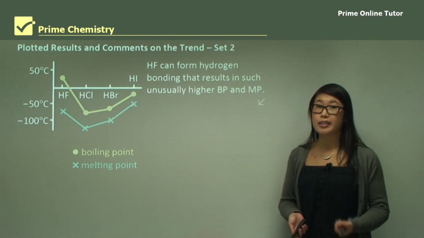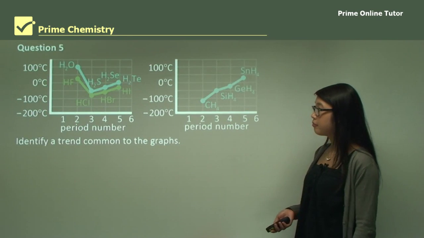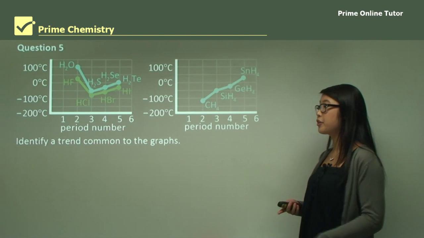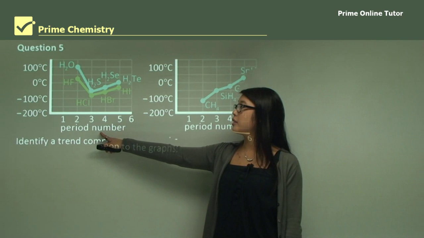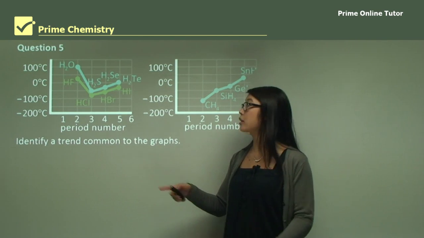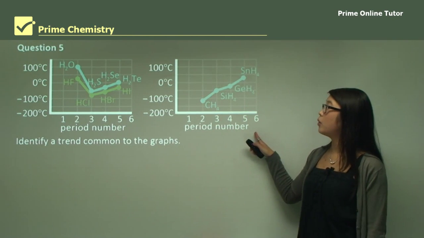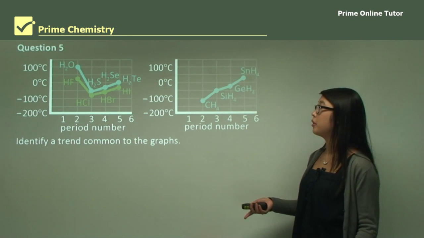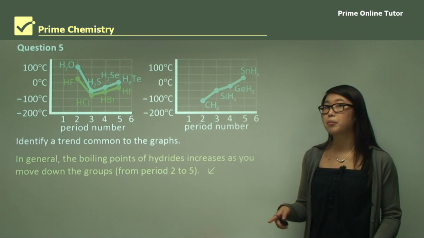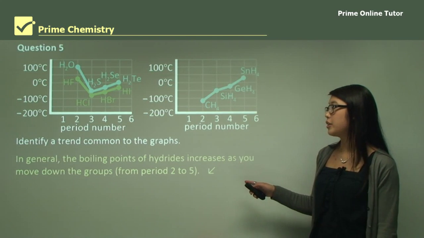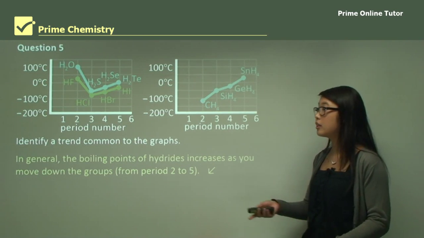Using that, we can answer just a few simple questions. Question 5, identify a trend common to the graphs here. As we increase in period number, that means we're increasing in weight. What are we really seeing with the melting and boiling points? Generally what we see is that the boiling points of hydrides increase as you move down a group, so increasing the period number.